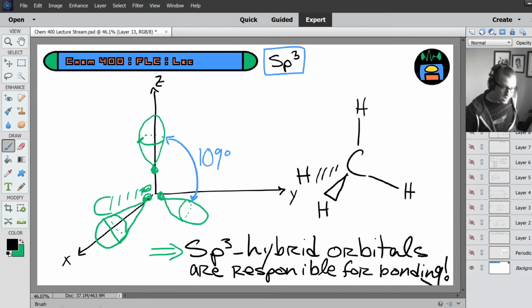So that's an introduction to what hybridization is and where it comes from. That was the question that we were trying to answer as a scientific community that led to the development of this theory.